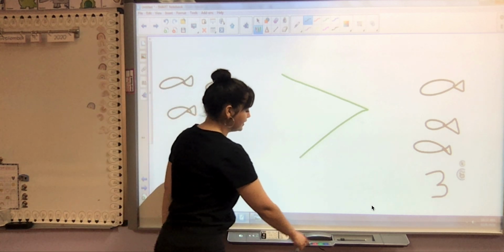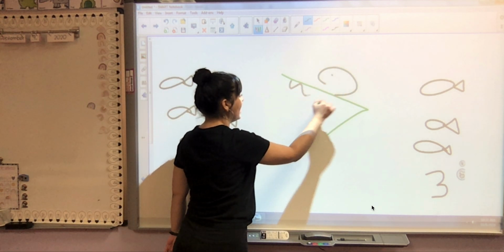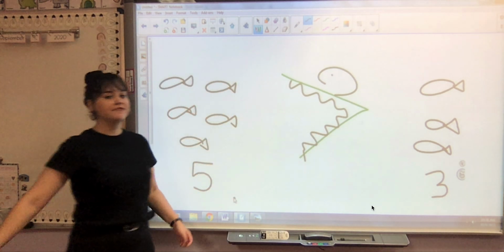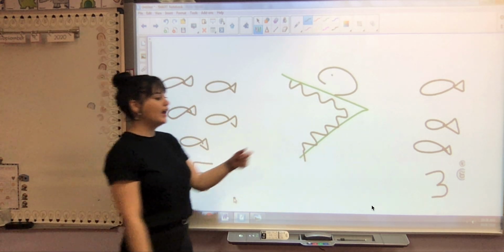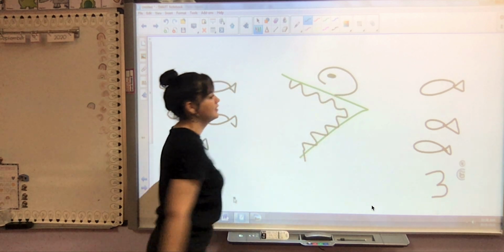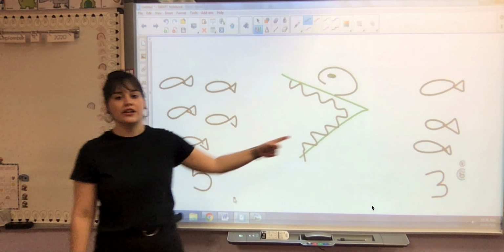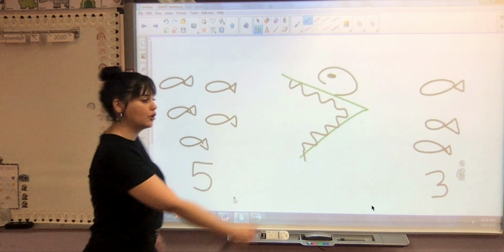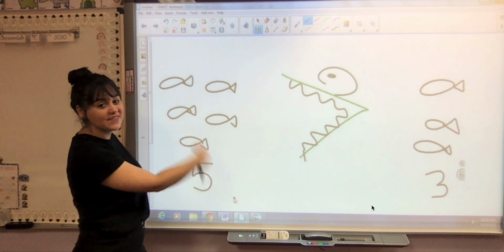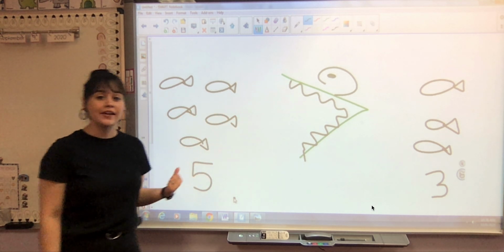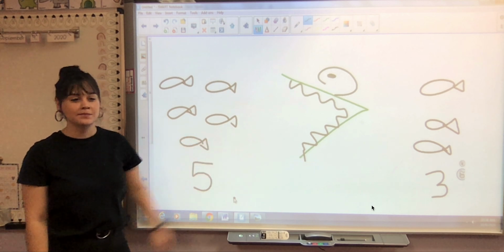This is the pile he's going to eat because 5 fish is greater than 3 fish. So he is going to eat the 5 fish because that's a greater amount of fish than that side.